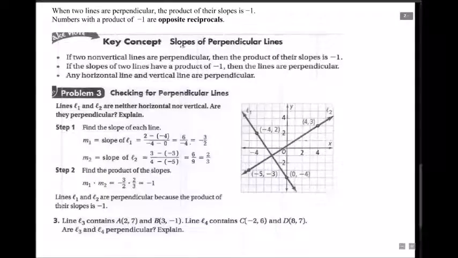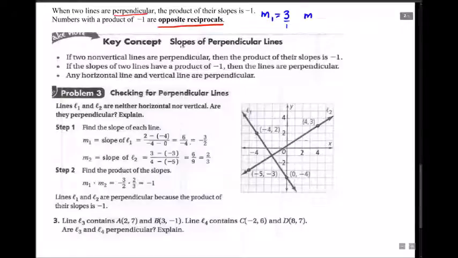When two lines are perpendicular, your slopes will be opposite reciprocals. That means that the product of their slopes is -1. But all you have to remember is they're opposite reciprocals. So what does that mean to us? That means if the slope of line 1 is a +3, we always make slope a fraction because it's always rise over run.